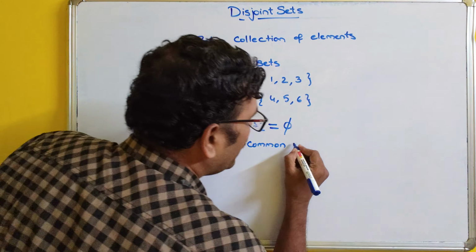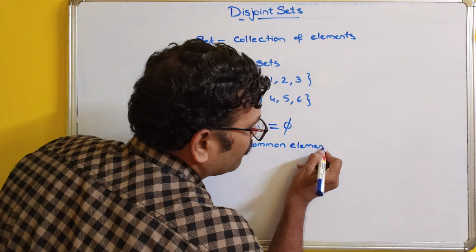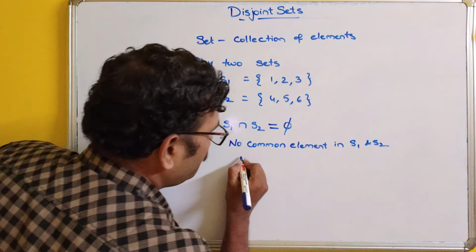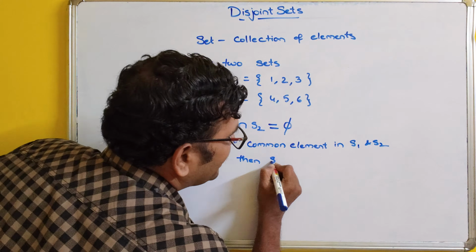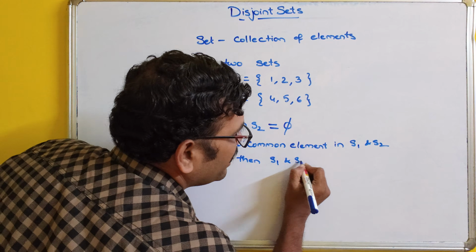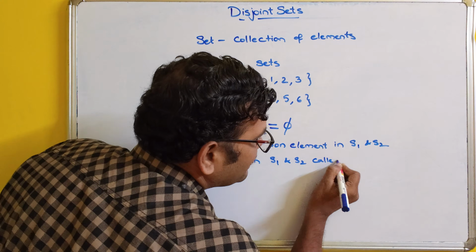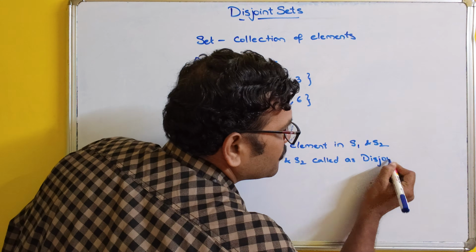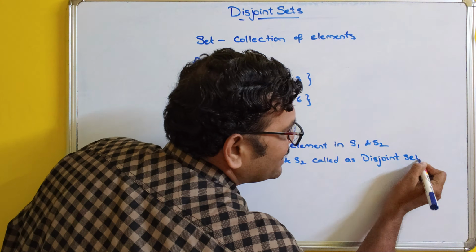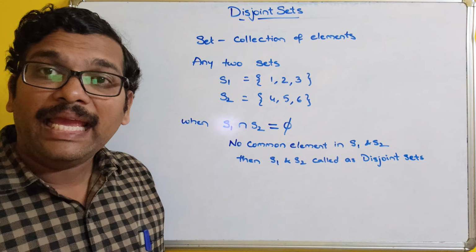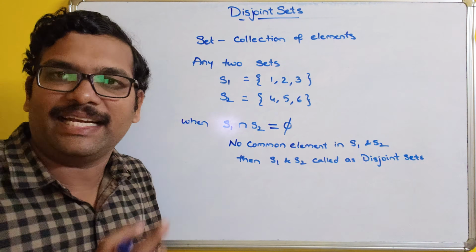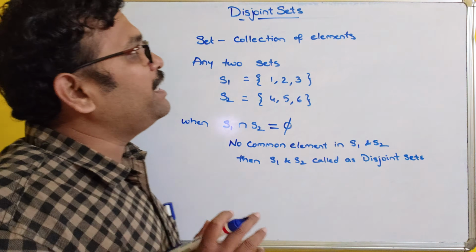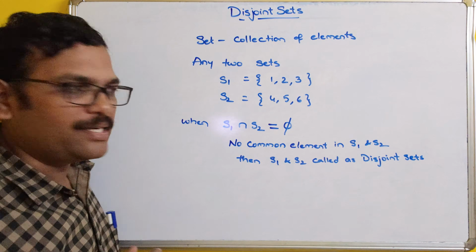So if there is no common element in S1 and S2, then S1 and S2 are called disjoint sets. So there should not be any common element in both the sets. Now, what are the operations that can be done on these disjoint sets?